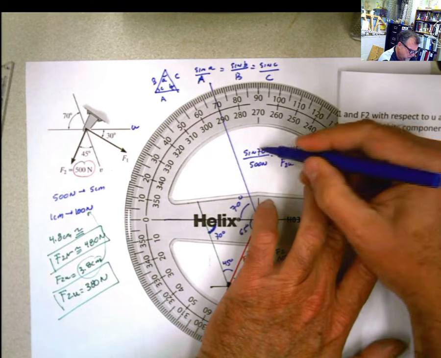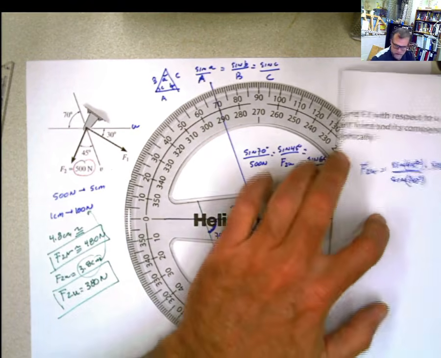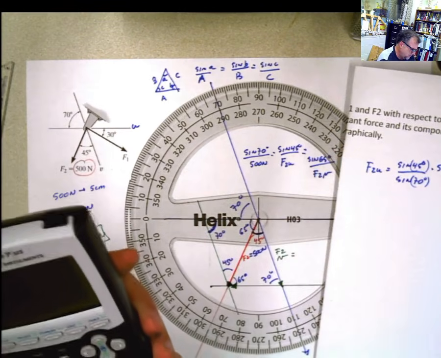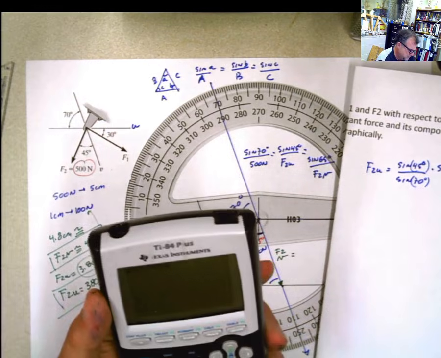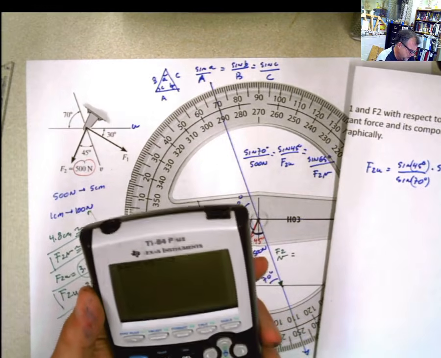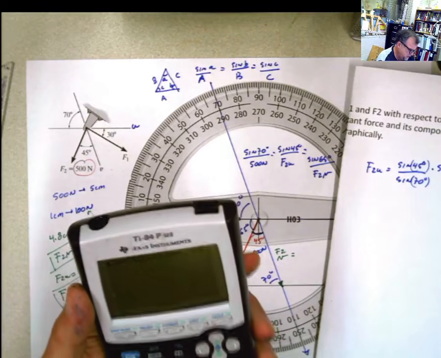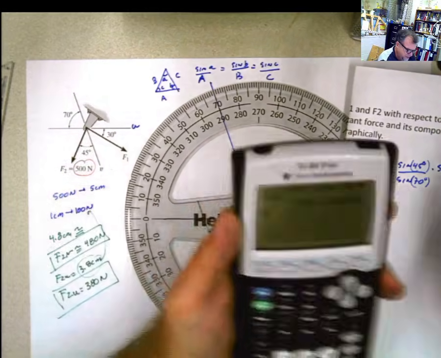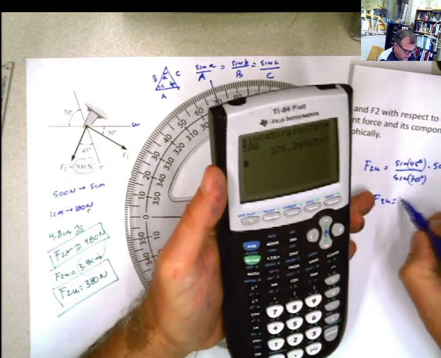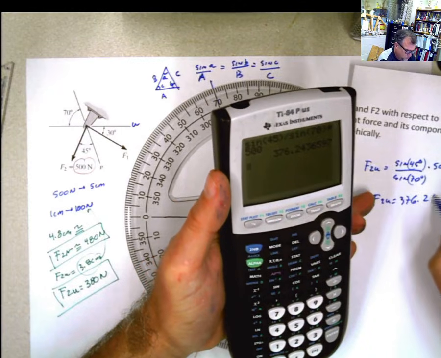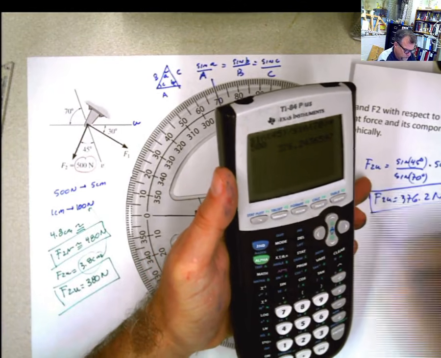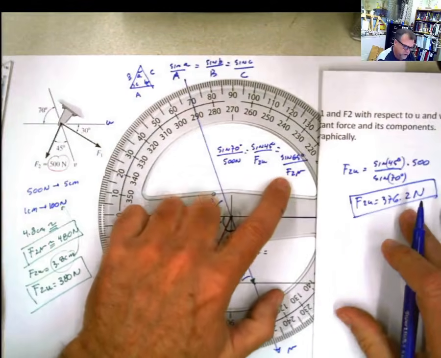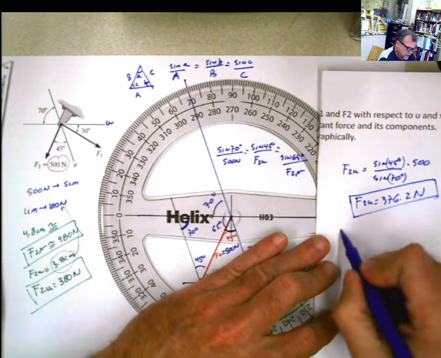So if I do my calculator, sine 45 degrees divided by sine 70 degrees multiplied by 500, we get 376.2 Newton.